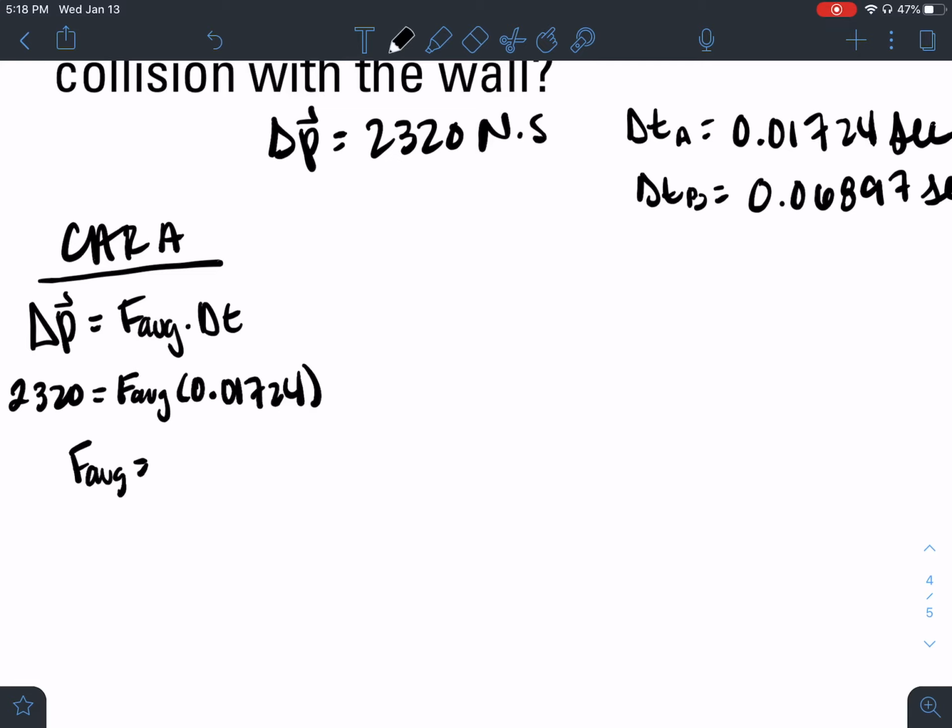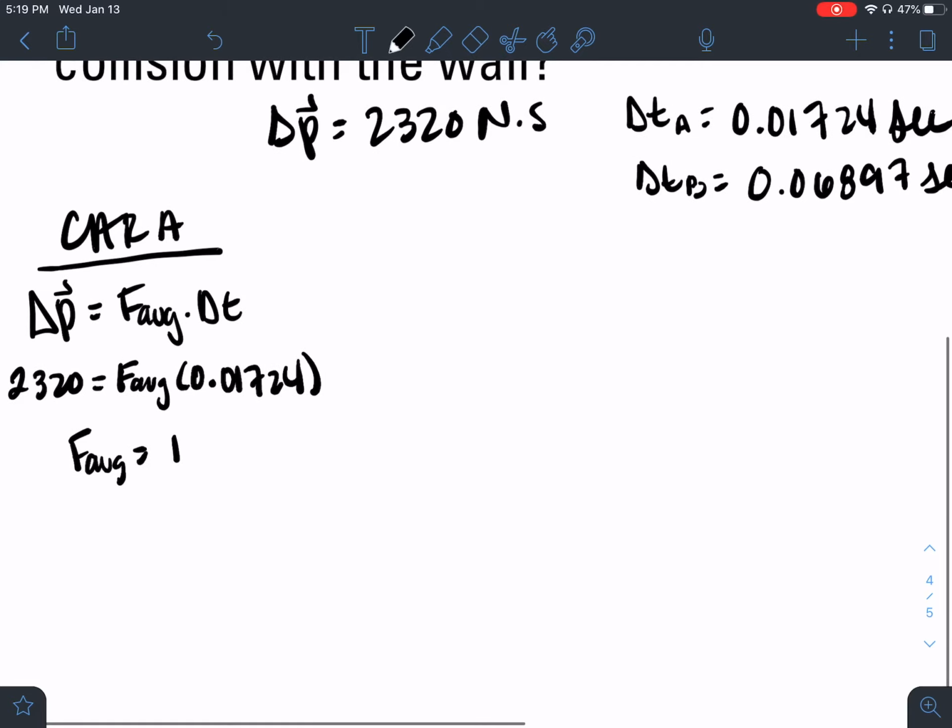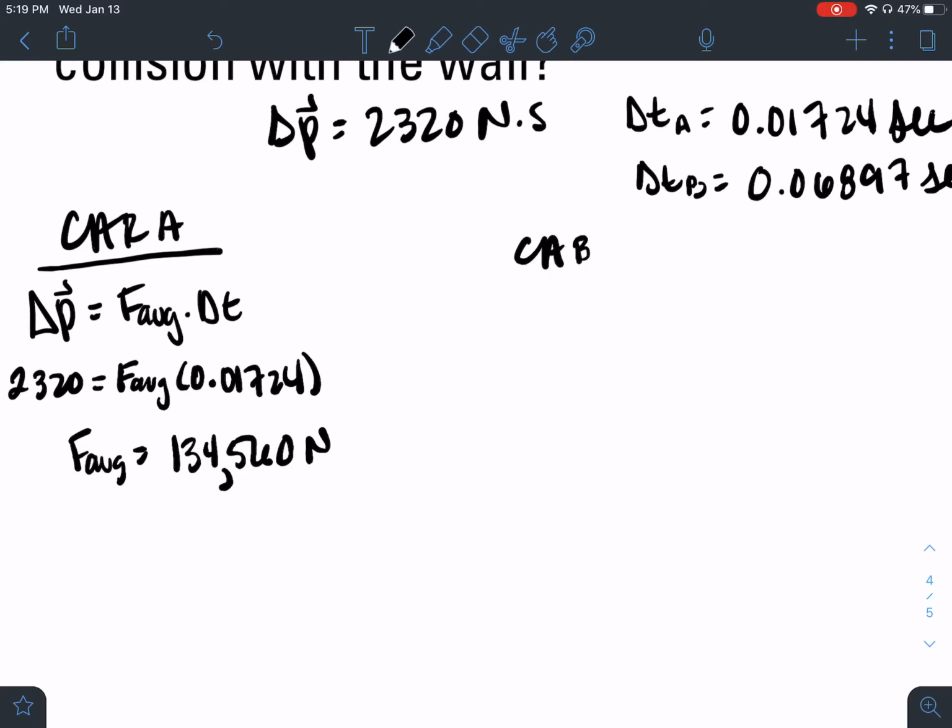That's a really good reminder of using what you have at your access. And when I do this, I get that my force average is 134,000 newtons.